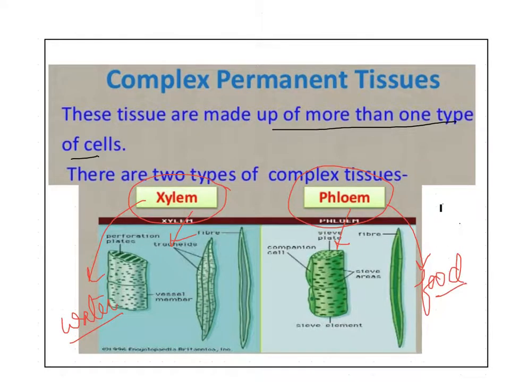Xylem transports water in the plants, from roots to the leaves, while phloem transports food, and food is prepared in the leaves, and from leaves it is distributed to different parts of the plant.